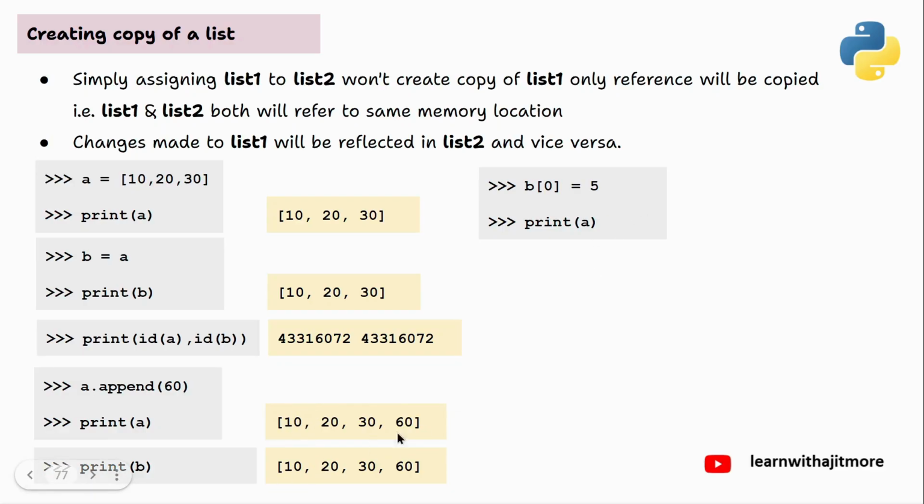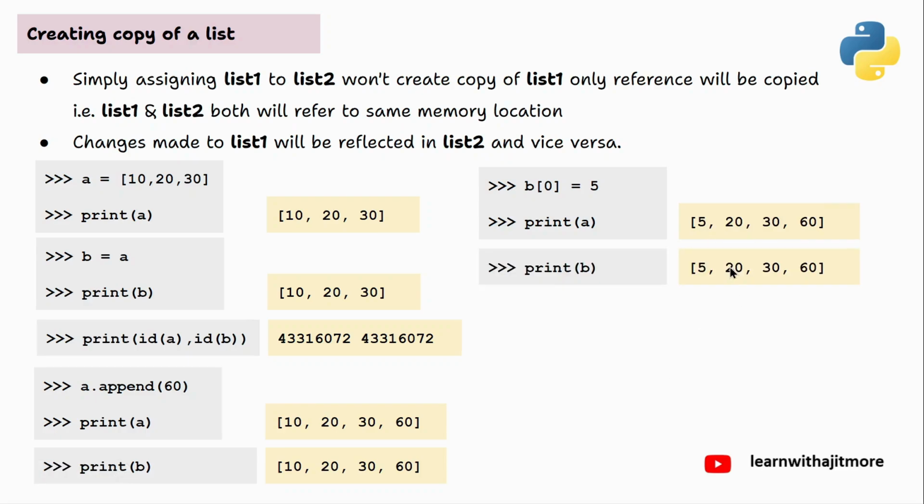But if B of 0 became 5, A will also show that change. Get it? So ultimately all this extra proving was not even needed. It was sufficient to tell that whenever you assign one list to another, only the references are copied. And as a reference is copied, both are referring to the same memory.